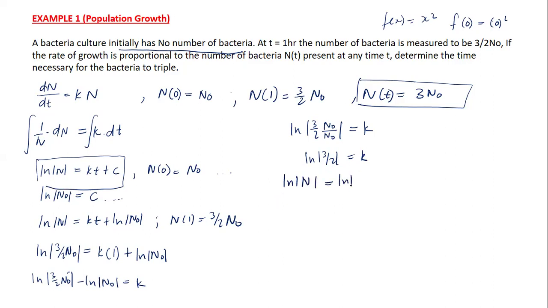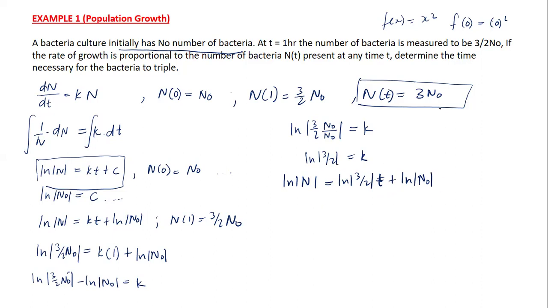It's going to be ln of 3 over 2, which is our k, multiplied by t, plus our c, which we said is ln of this over there. So at this point in time, we have the particular solution.